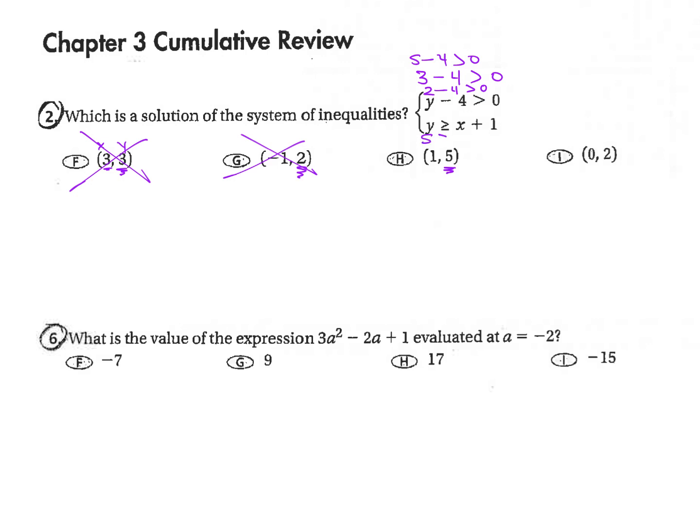So 5 is greater than or equal to 1 plus 1. Does that work? Yes. 5 is greater than 2, right? So this works in both of those. So that is a solution to the inequality, which means this one's not going to work. If you plug in a 2, which we already did, it's not true. So H will be your solution for that one.